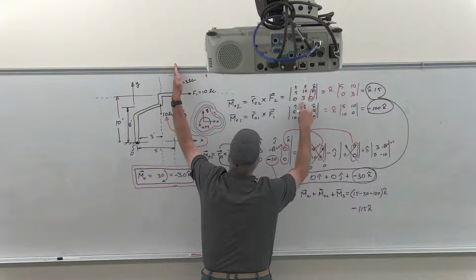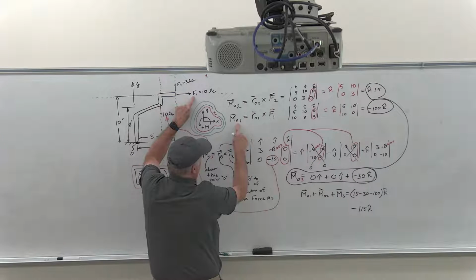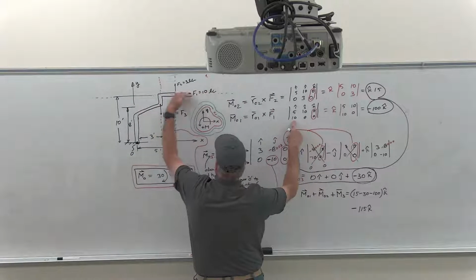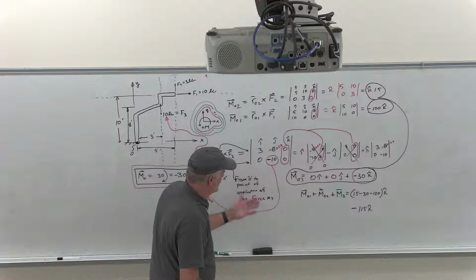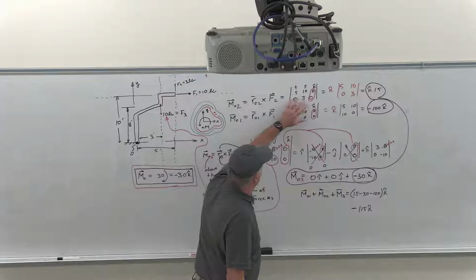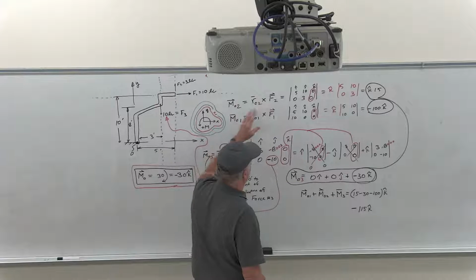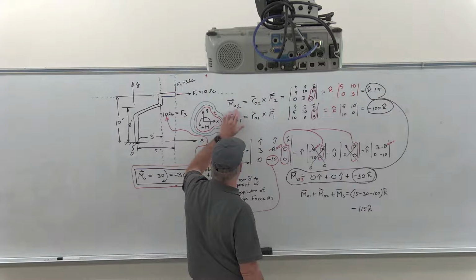F1 is here, which is why I did this. It only has an X component. So it was okay, and nothing changed. I should have copied this one here and this one here, but it's easier now, since I have all this stuff to the right, to just say this is 1 and this is 2.